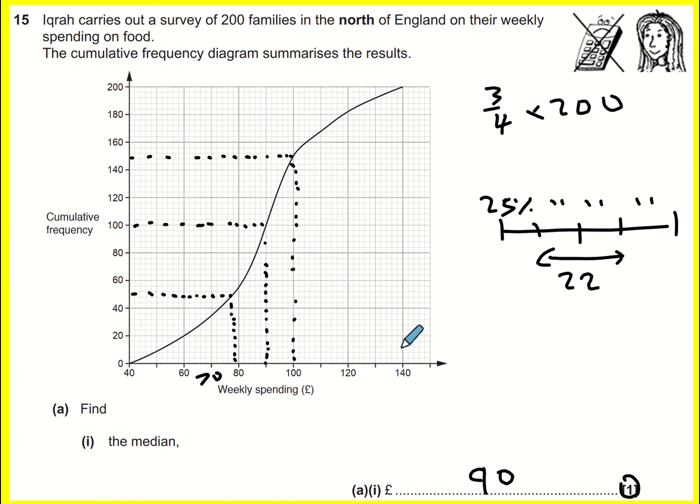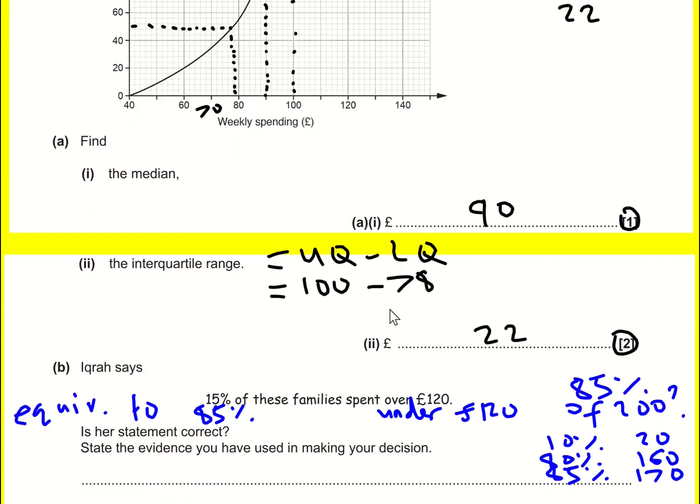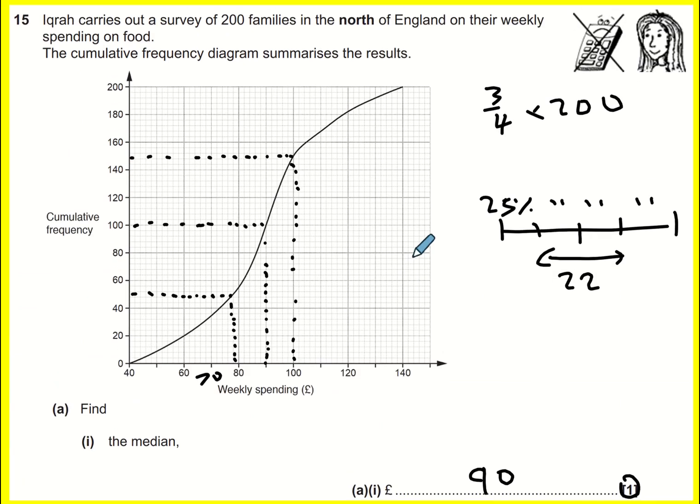So if I go up, it was 170 people, I can read along from 170. Okay, and I get to about here. So this is 110. I've gone one square along, so that's going to be 112.